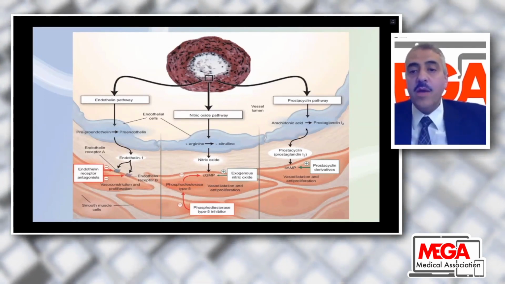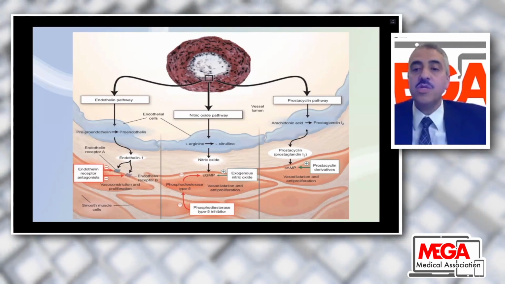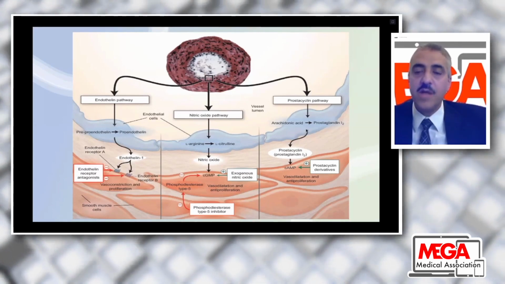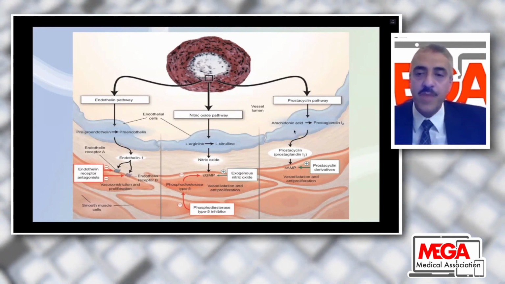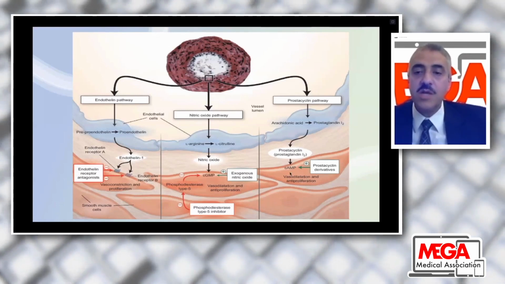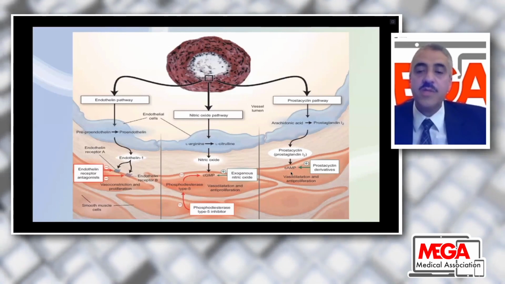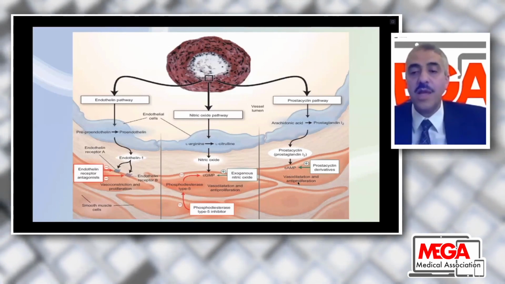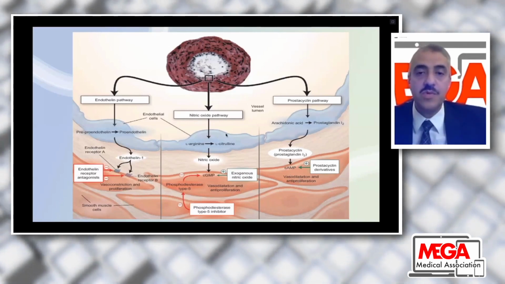The prostacyclin pathway: prostacyclin I2, which is prostaglandin I2, is produced in the endothelium and passes inside to the smooth muscle cells to increase cyclic AMP production, and thus is responsible for vasodilation and anti-proliferation.